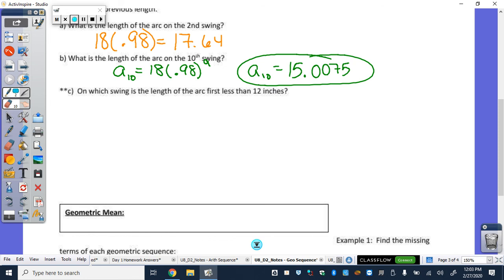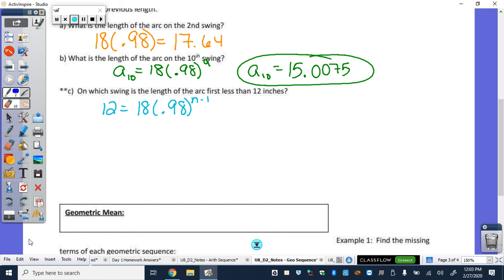On which swing is the length of the arc first less than 12 inches? So what would I plug 12 in for? Yeah, our nth term. So 12 is going to go in for our nth term. So that's going to equal 18 times 0.98 to the n minus 1 power.